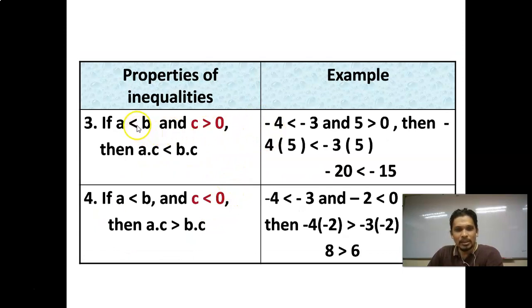And also here, a is less than b and c is greater than 0, then a multiplied by c is less than b multiplied by c. So you can see here now, negative 4 is less than negative 3. 4 is greater than 3, of course.